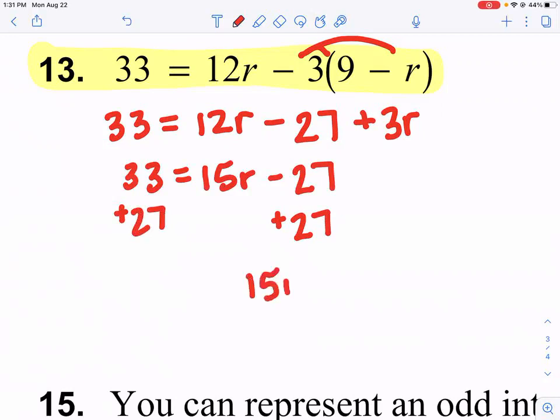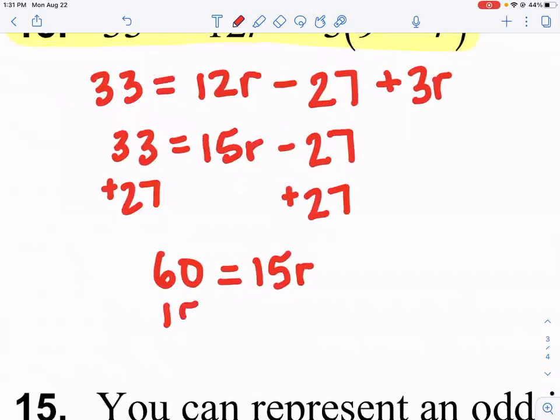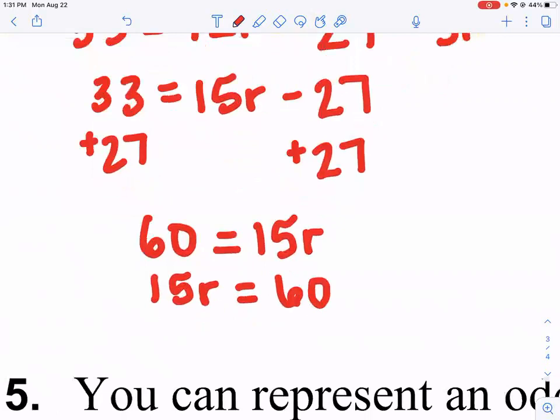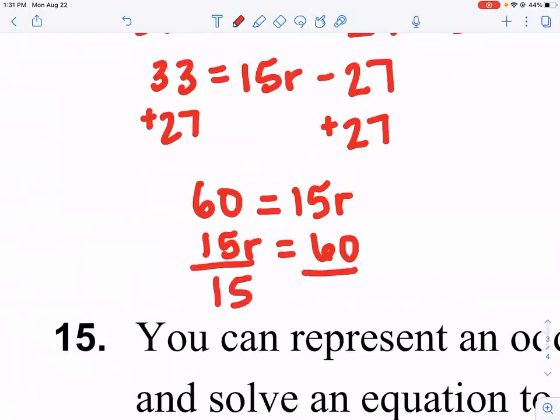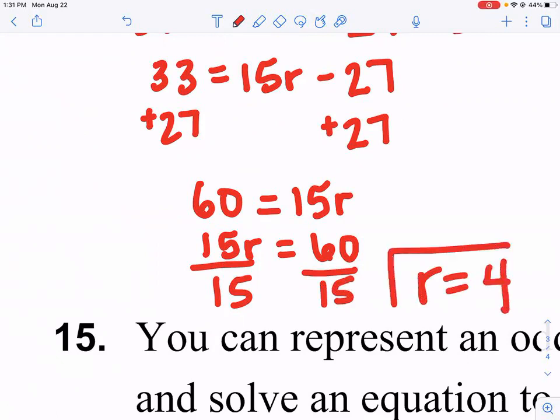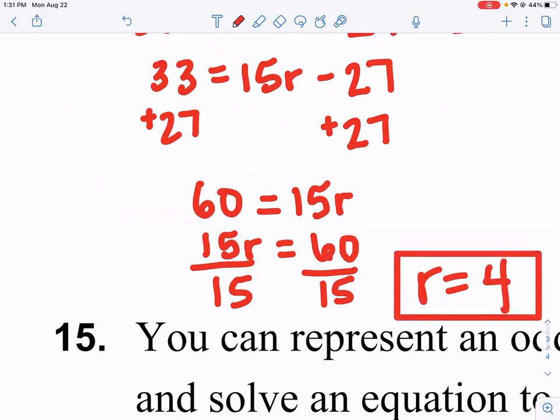So we have 15R equals 60. Now, if this really bothers you, we do have a transitive property that you can say, okay, well, this is the same thing as 15R equals 60. It's really okay to do that. Okay. It is okay to do that. So then we can divide by 15 to get R equals 4.